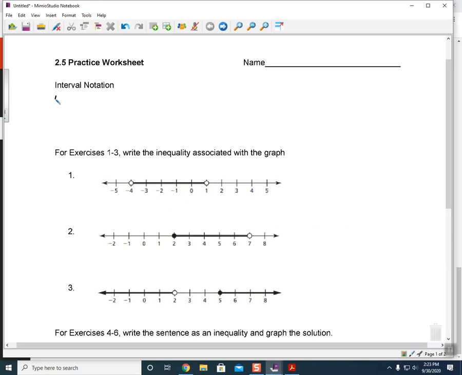So the first thing is if I'm using parentheses, that means that number is not included. Think about this like our open dots, right?